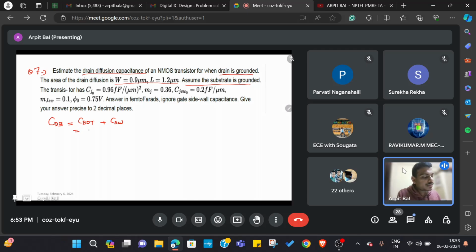C bottom is Cj into W L S, plus C side wall is CjSW into W plus 2 L S. Here it is given that Vd equals 0 and Vb equals 0, substrate is grounded.